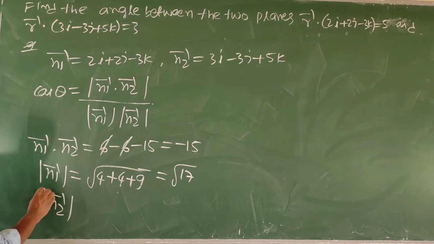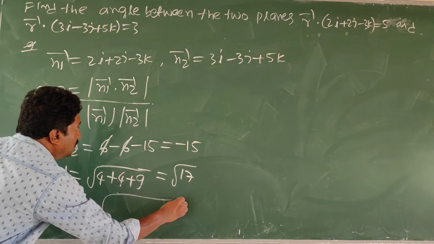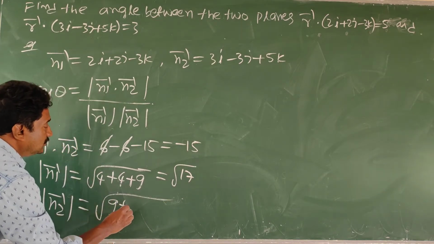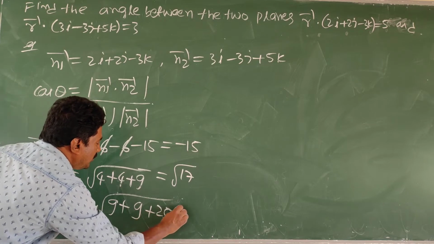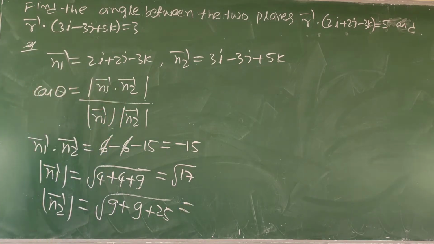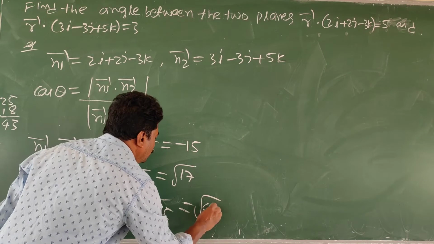Length of n2 is root of i square 9, j square 9, k square 5 square 25. 25 plus 9 plus 9 is 43. So it is root 43.